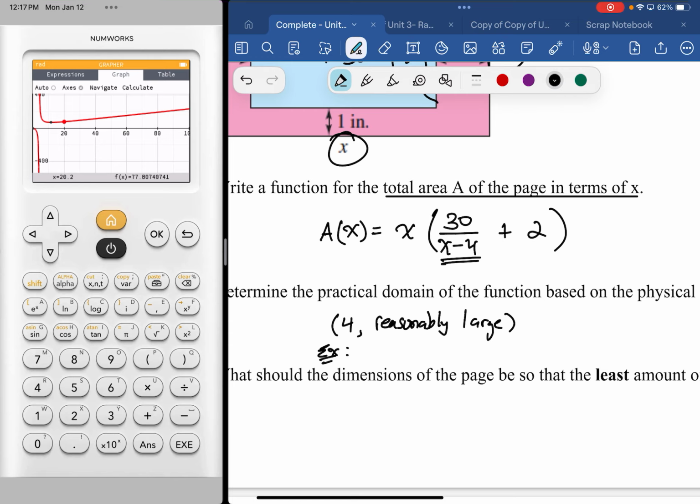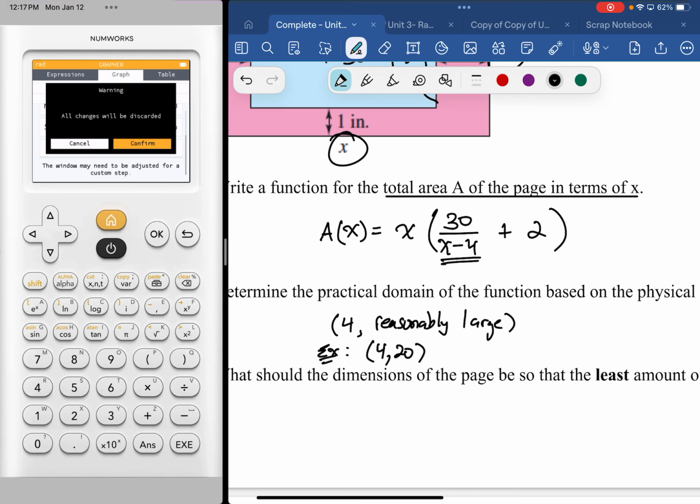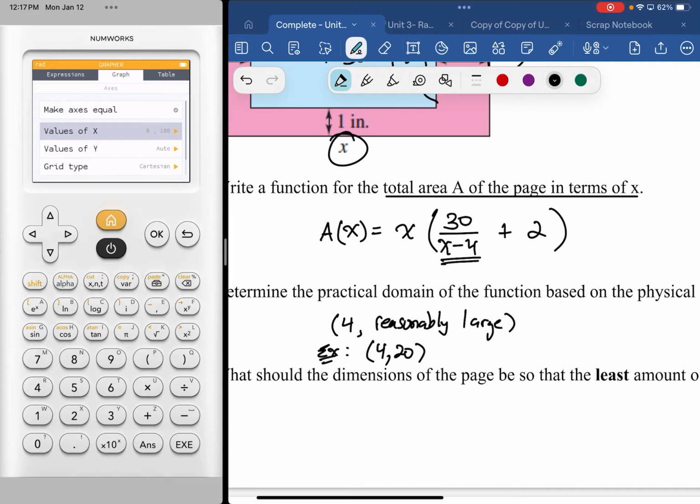So I'm going to say 4 to 20. Yeah, seriously. Well, it's a stretch, but I'm going to just make the graph look appropriate to what I selected.